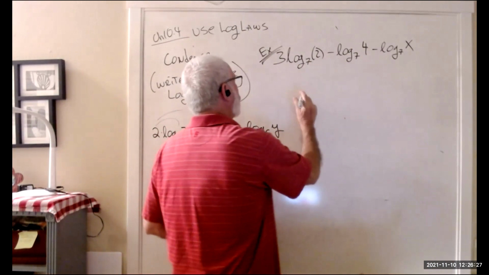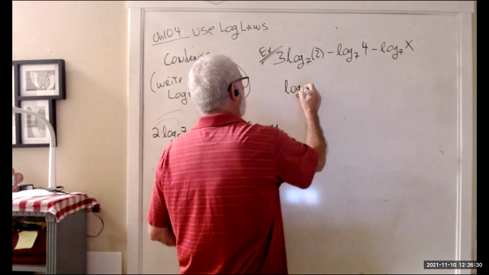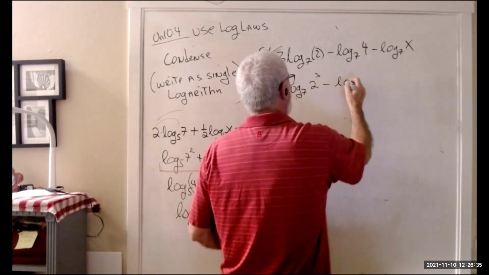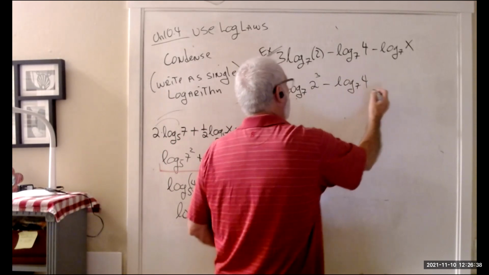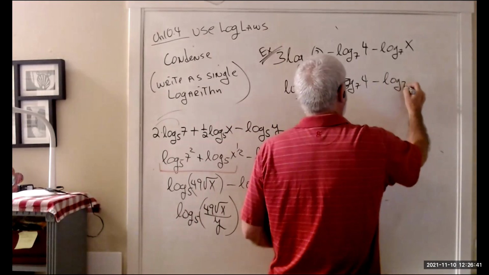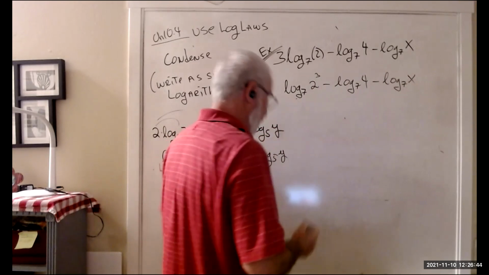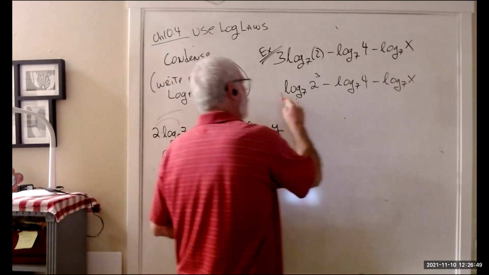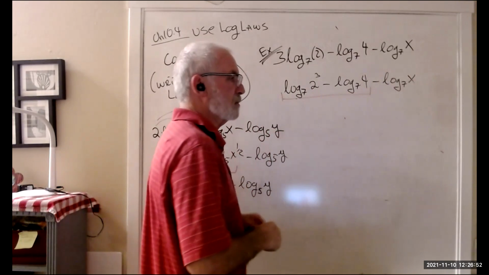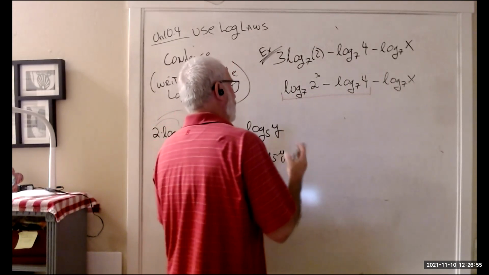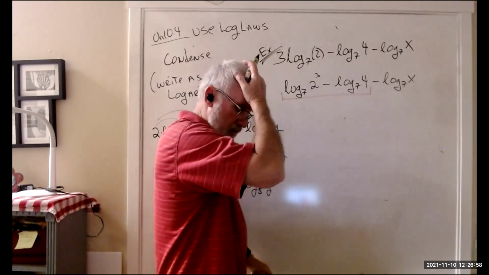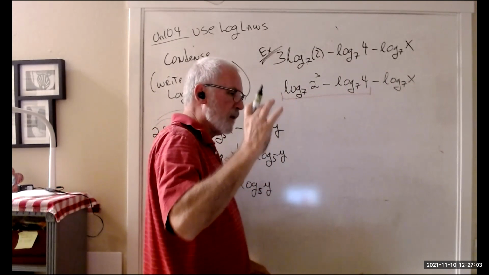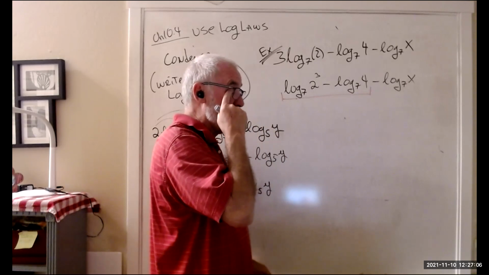Okay, so if we started this, log base 7 of 2 to the 3rd power minus log base 7 of 4 minus log base 7 of x, bringing the power in. Now, if we did it a step at a time, actually, I don't want to say don't copy this, but this is going to be wrong, or rather, it's going to lead us into a dead end.